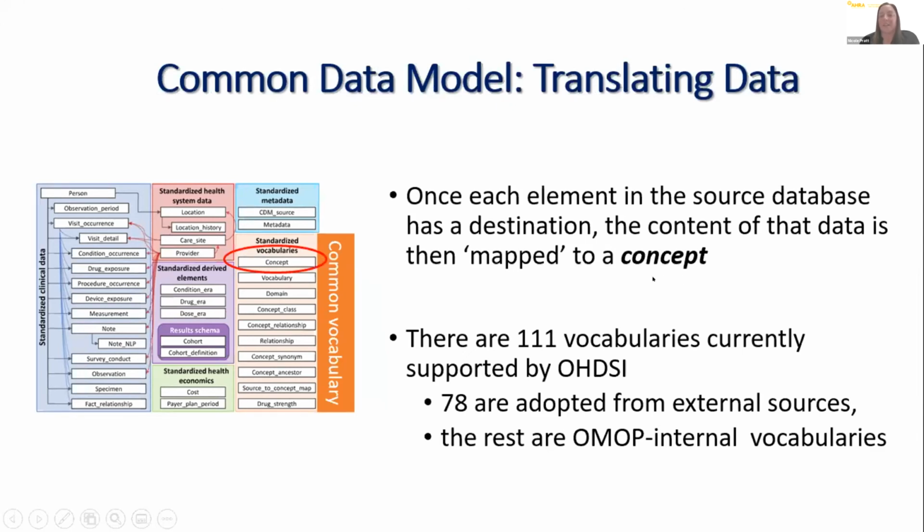So every data element is mapped to a concept ID through the use of vocabularies. There are lots of different vocabularies that OMOP uses, standard international vocabularies, so around about 78 of them are from external sources that have already been created, and some are created internally in OMOP.